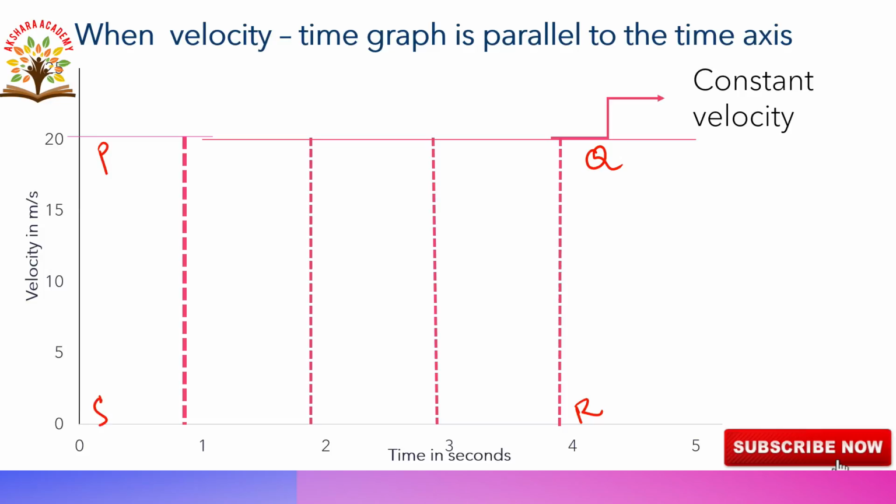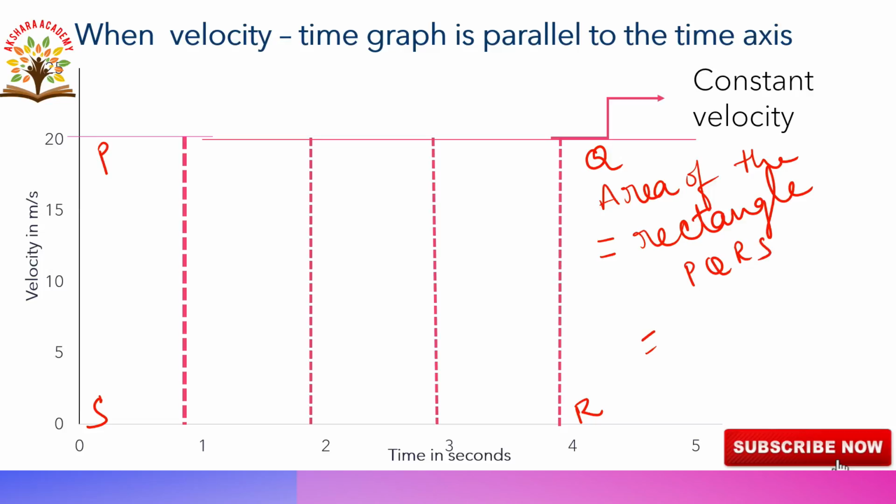The area of the rectangle is length into breadth, that is PS into SR, that is 20 into 4, that is equal to 80 meters.